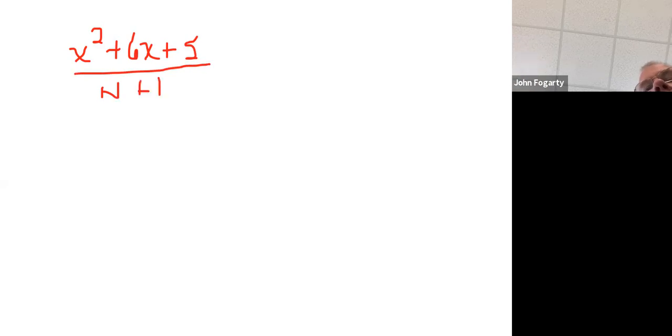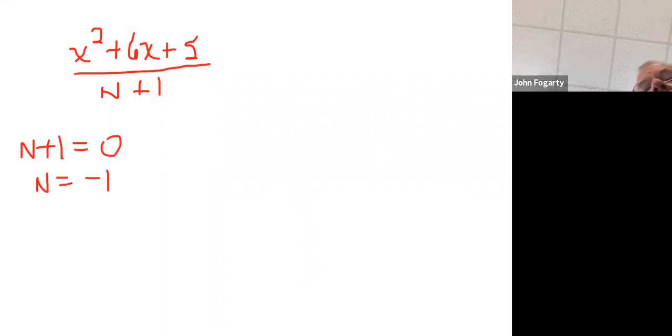x squared plus 6x plus 5 over n plus 1. All right, well, once again, we have a variable in the denominator. So we can't have a 0 in the denominator, so set your denominator equal to 0: n plus 1 equals 0, so n is negative 1.